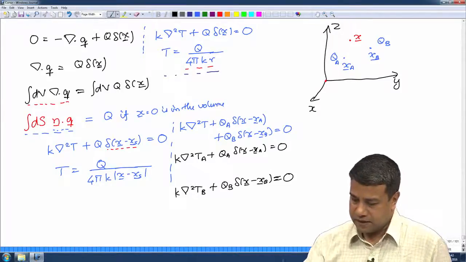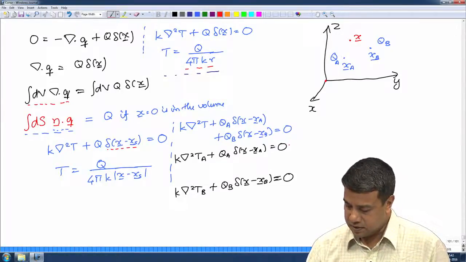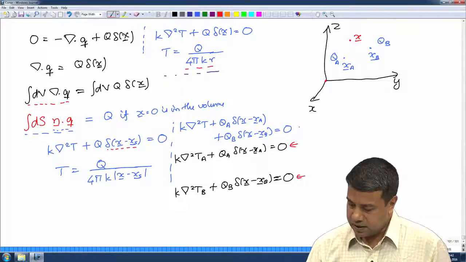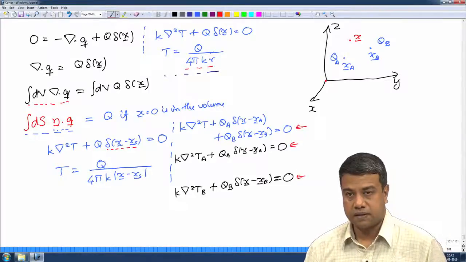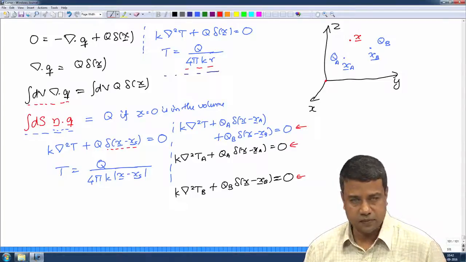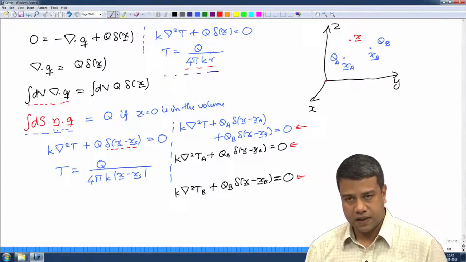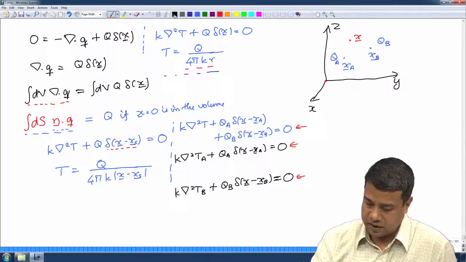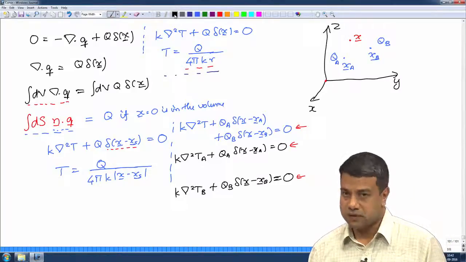You can see that if I add up these two equations, I get back the original equation. Therefore, if I add up these two solutions for T A and T B, I will get back the original solution.